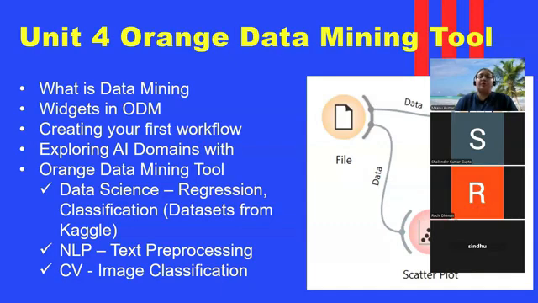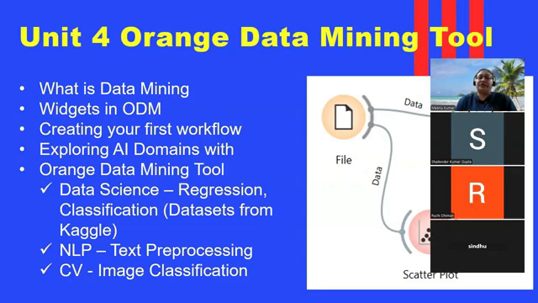So they would love working with all these elements, and you will be exploring all the widgets with the AI domains. So with the data science, you'll be doing linear regression and binary classification with them. All the data sets are available on Kaggle. The links have been given in my book also. So you will not have any problem locating the data sets. As well as in NLP, you will be doing text pre-processing. The steps as well as the screenshots are given.